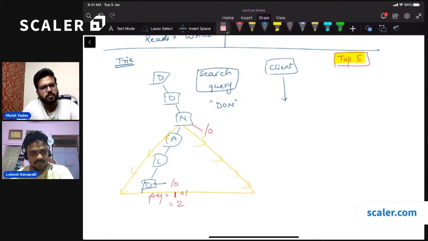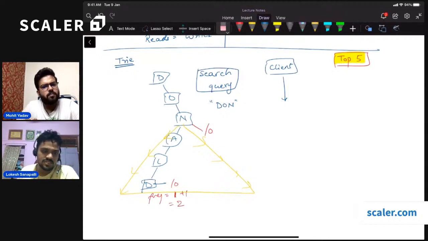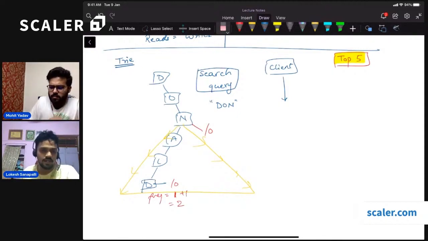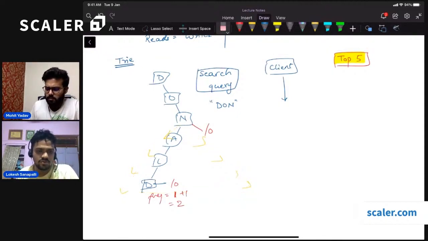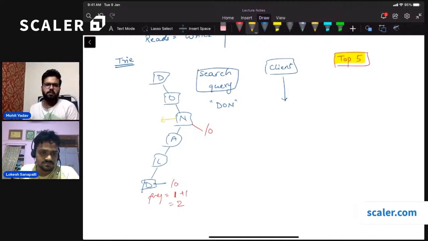But can we store this information in each node as we build the trie? Say at N, can we store the top five votes at N? Which data structure would you use to store that?